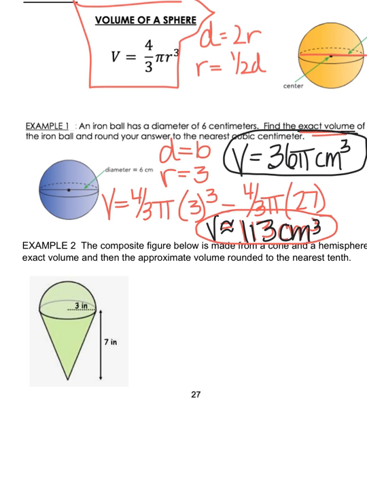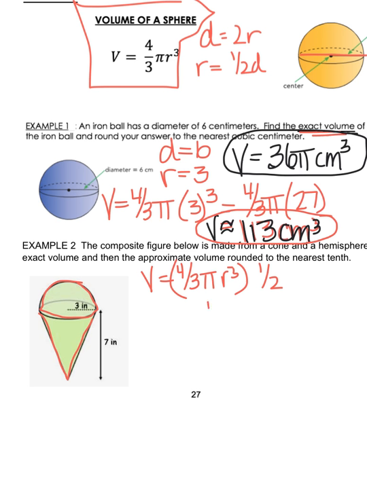All right, the next example is a composite figure. You'll see that I have a hemisphere, so half of a sphere, and then I have a cone. So I have to take the volume of a sphere, 4/3 pi r cubed, and then divide that by 2 or multiply by 1/2 to get a hemisphere.